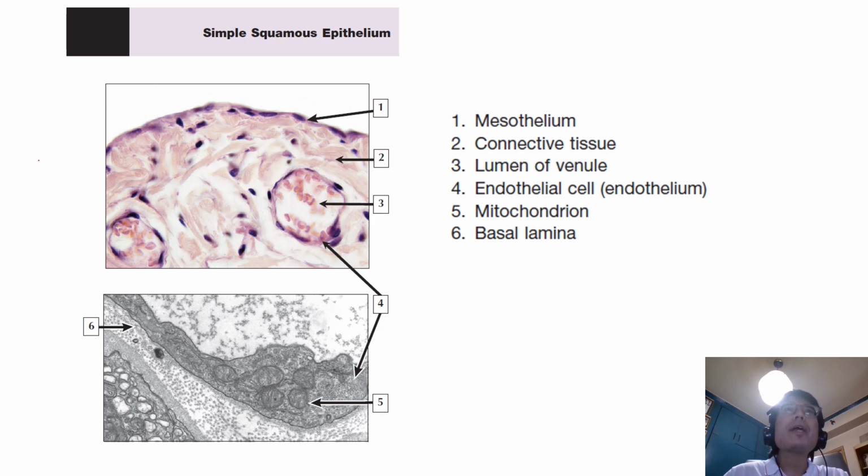We start with simple squamous epithelium. This is a light microscopy of the serosa of the urinary bladder and the corresponding electron micrograph of a capillary endothelial cell. Simple squamous epithelium lines visceral cavities, lumina of vessels, and tubules of the body.